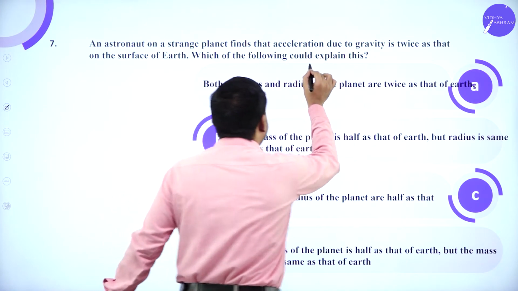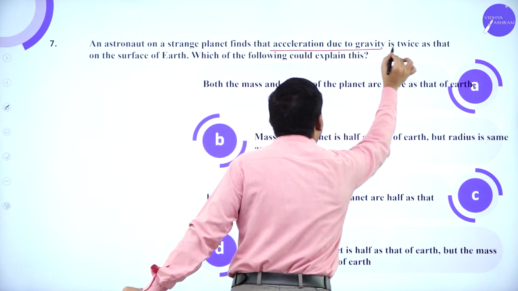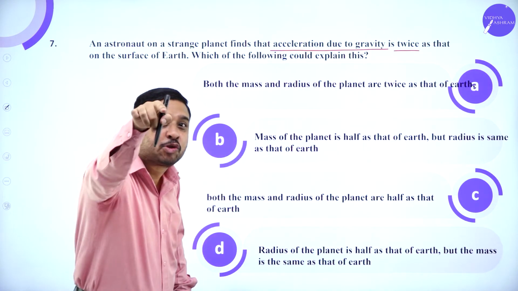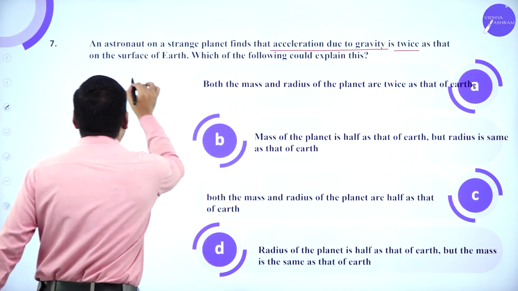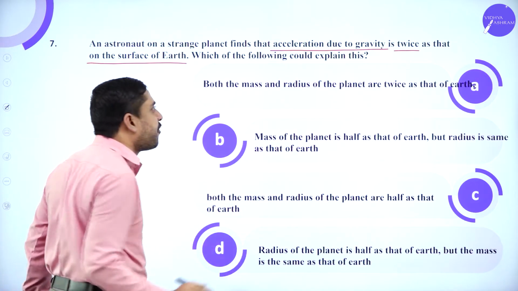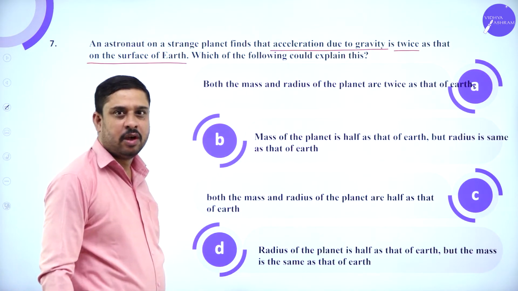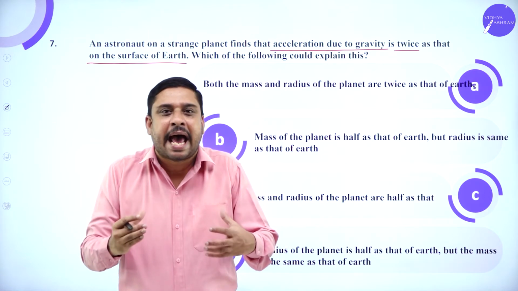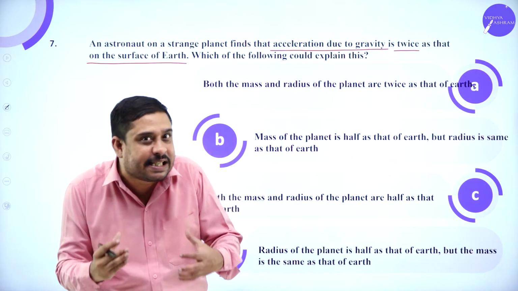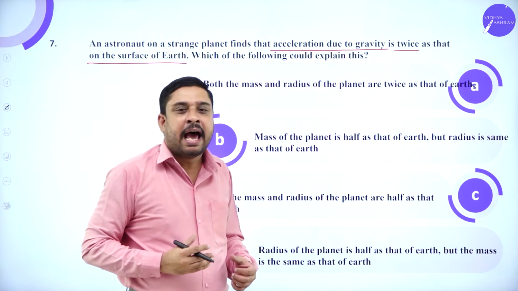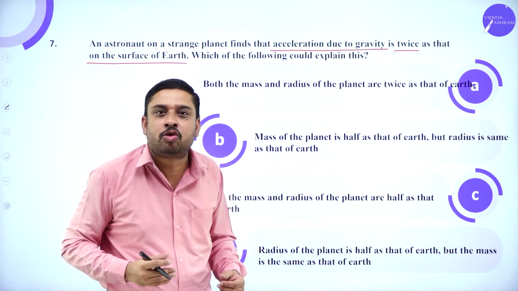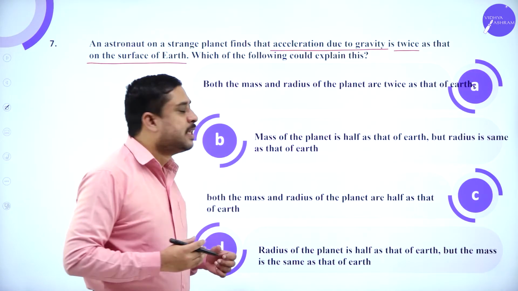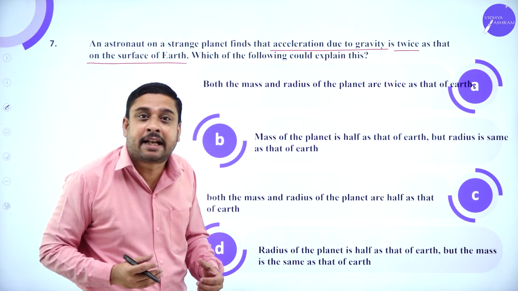Finds that acceleration due to gravity is twice that on the surface of the earth. On the planet where the astronaut is, acceleration due to gravity is twice that on the surface of the earth.